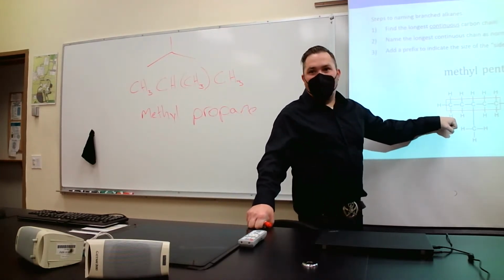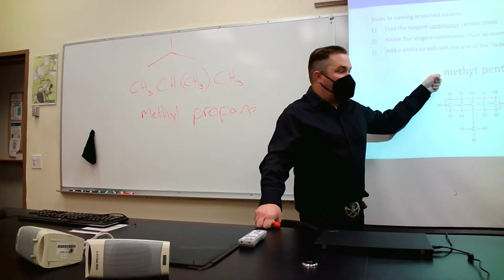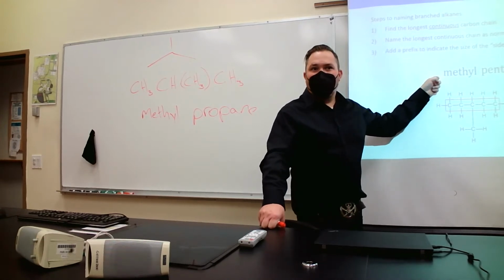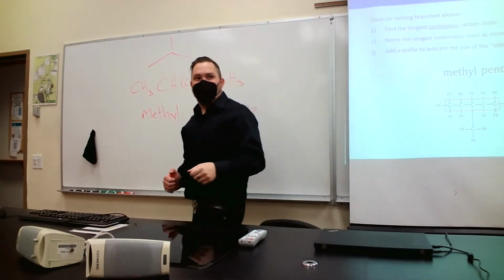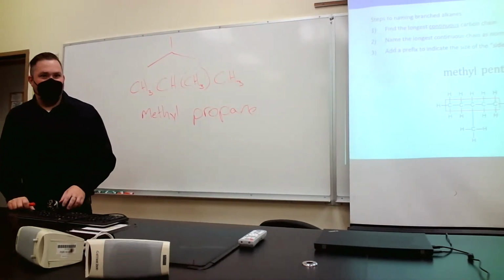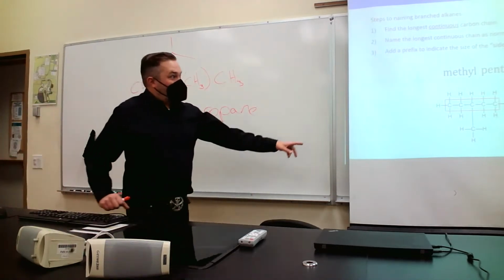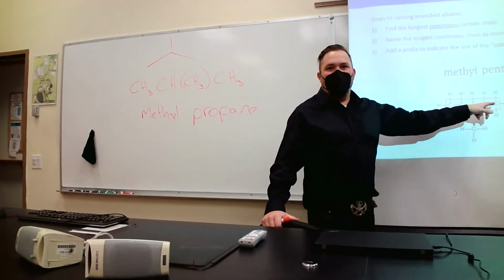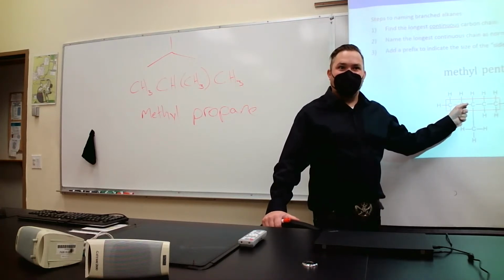The problem with stopping there is that as you get to larger molecules, is methylpentane an unambiguous name? Why not, Rigney? Because that methyl group could be anywhere on those 3 carbons. Right, we have to specify where the methyl group is so that we don't mix up our methylpentanes.